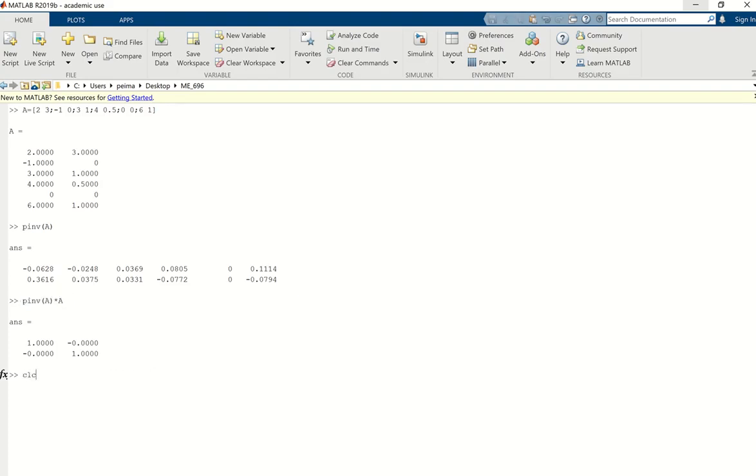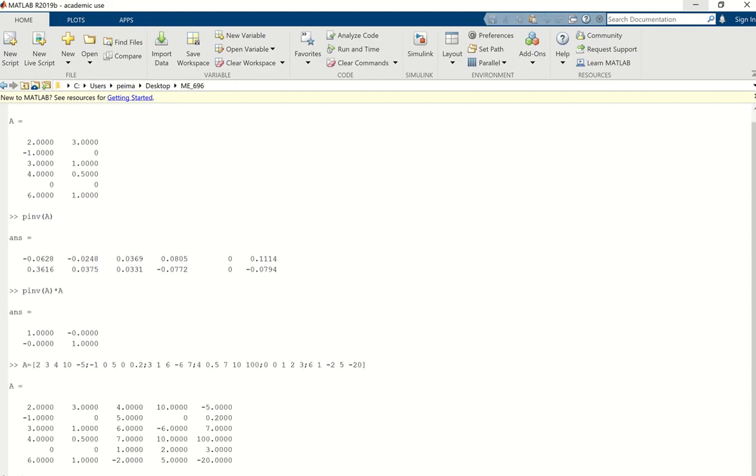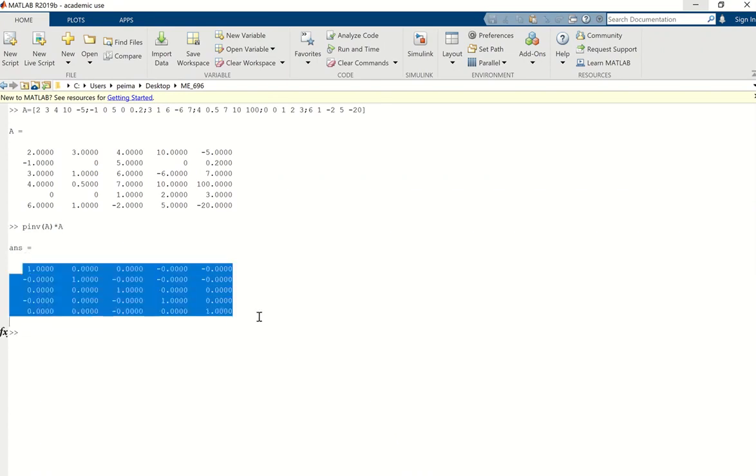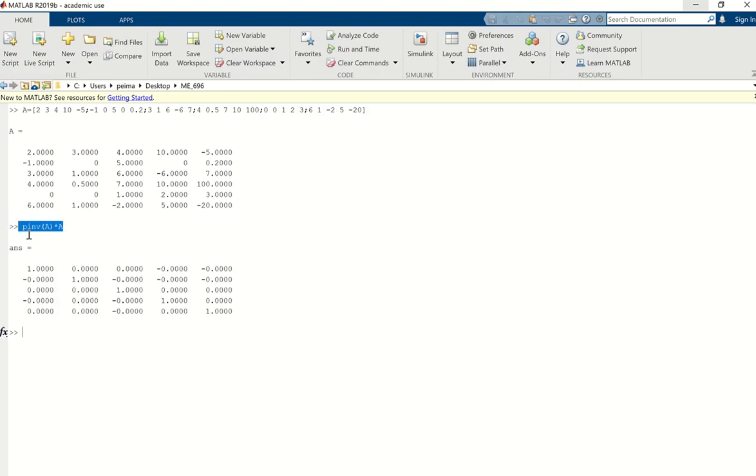Now look at the other example. We have 6 by 5. A was a 5 degree of freedom robot. You just write pinv of A multiplied by A, and you're going to have 5 by 5. So you did the left pseudo inverse: 1 1 1 1 1 and 0 0 0 0 0.